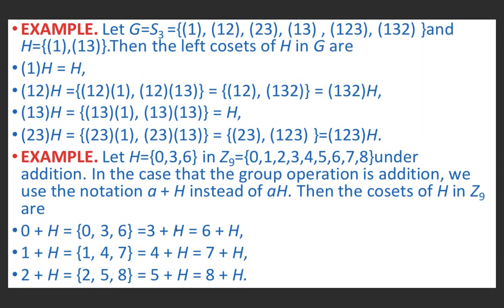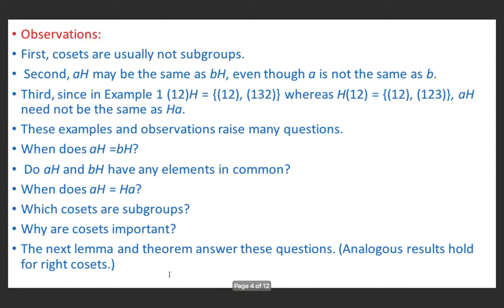This is also equal to 3 plus H and 6 plus H. 1 plus H is equal to {1 plus 0, 1 plus 3, 1 plus 6}. This is {1, 4, 7}, and this is also equal to 4 plus H and 7 plus H. Similarly, 2 plus H is equal to {2 plus 0, 2 plus 3, 2 plus 6}, which is {2, 5, 8}. And this is equal to 5 plus H and 8 plus H.